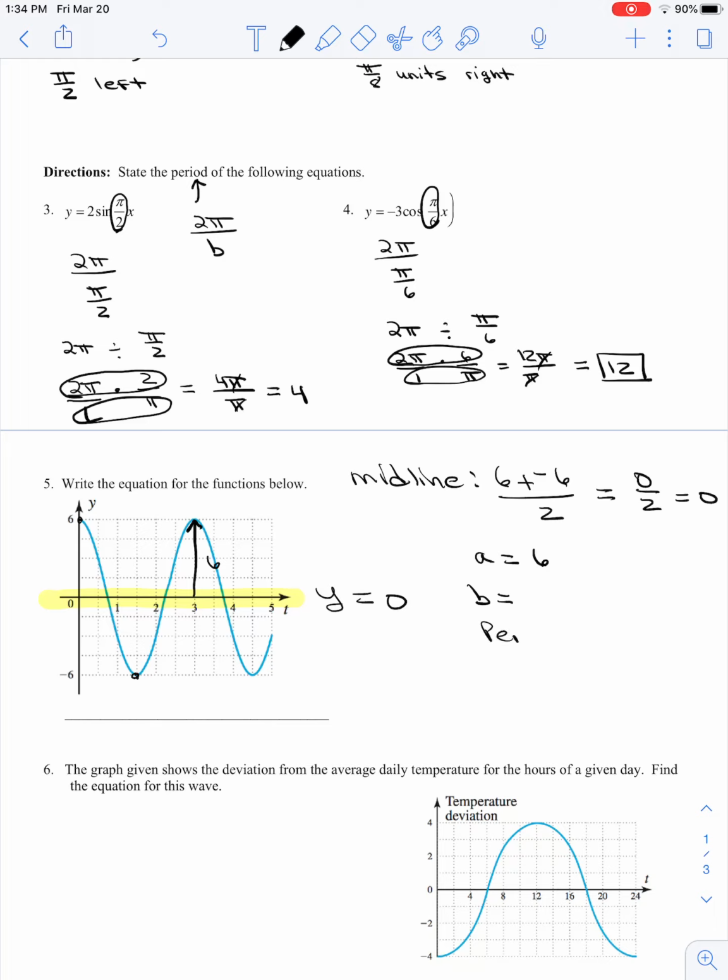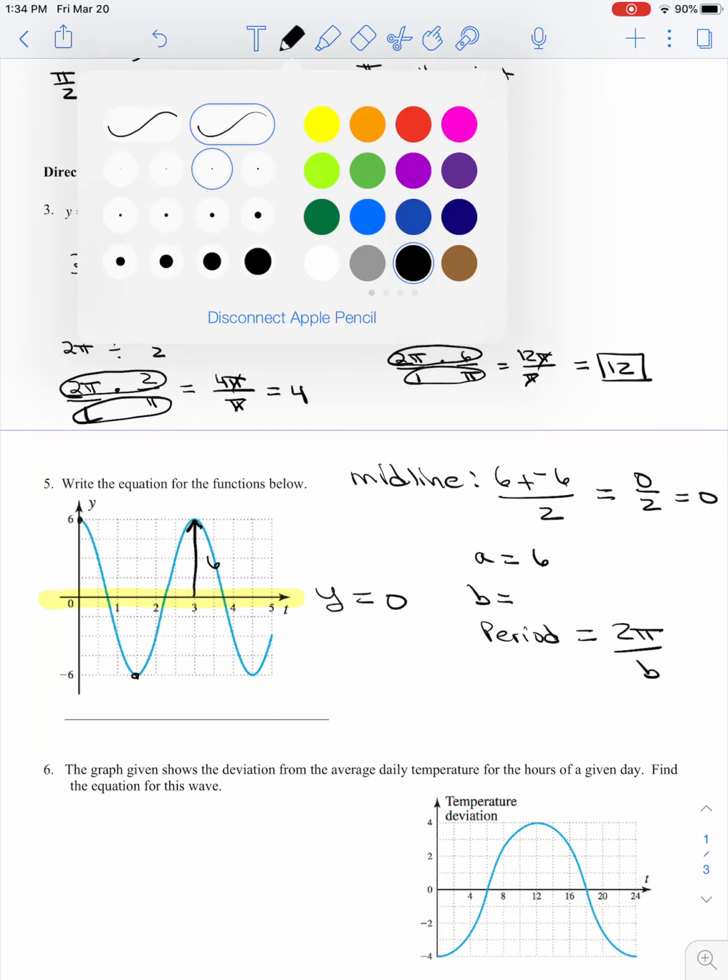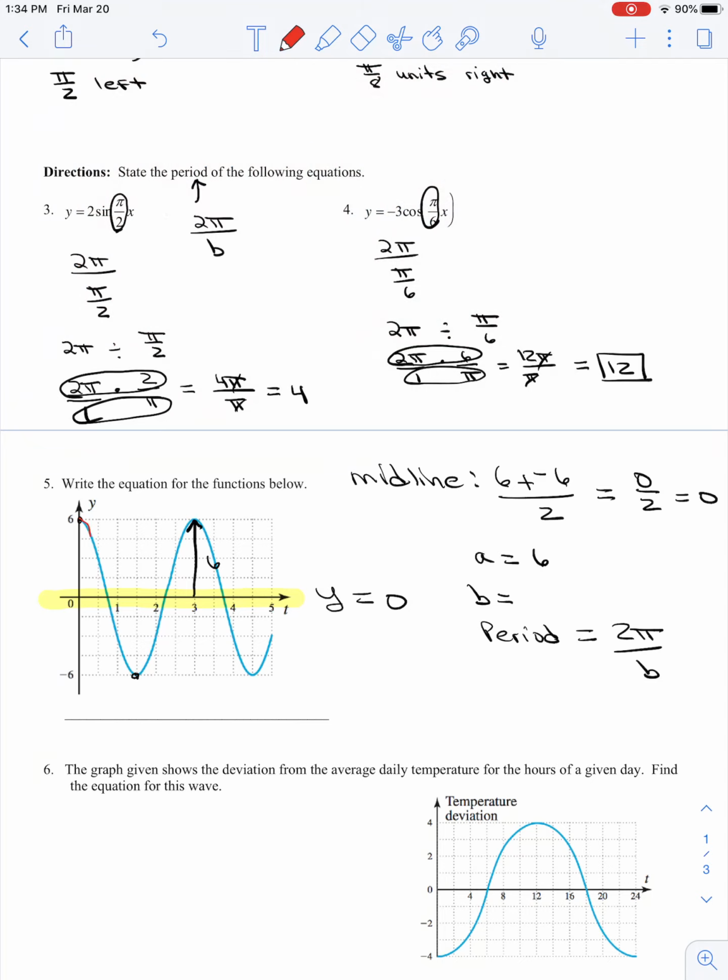So the formula for period is 2 pi divided by the frequency. And I know if I look at this function that I could find the period. The period is how long it takes to go through one complete cycle. So the period would be 3.